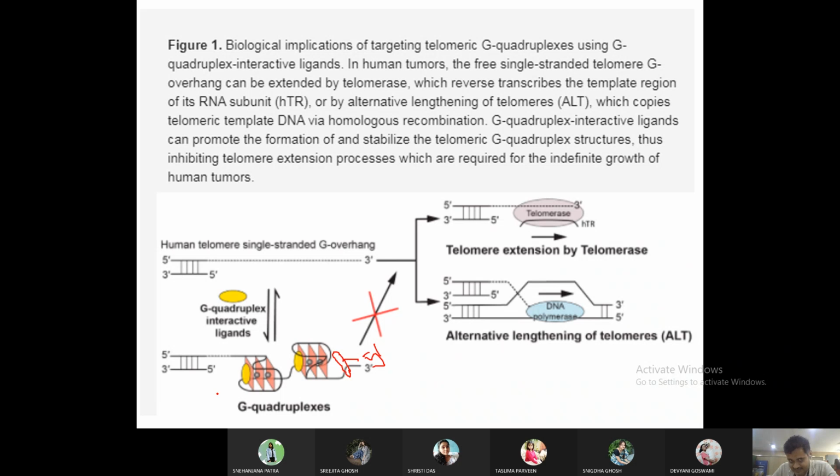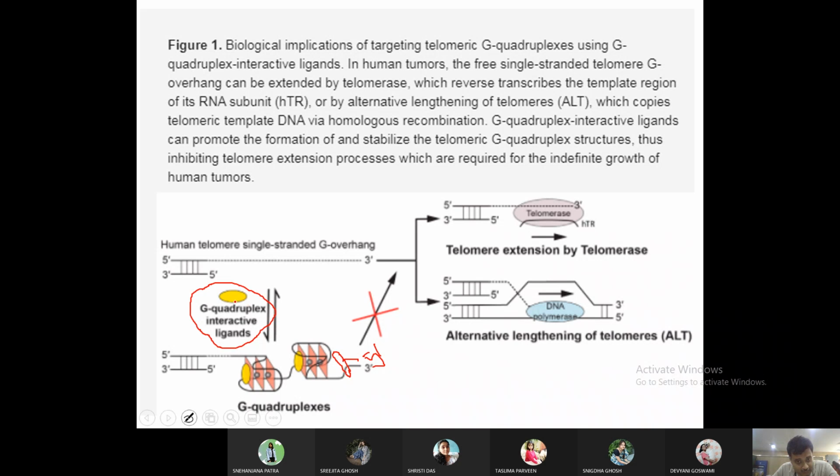But what the cell does is make a protein called G quadruplex interacting ligand. This can bind to G quadruplex and give additional stability to these G quadruplexes.